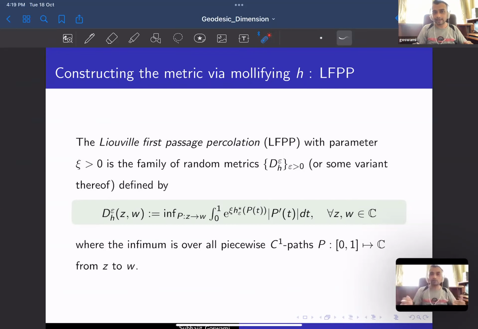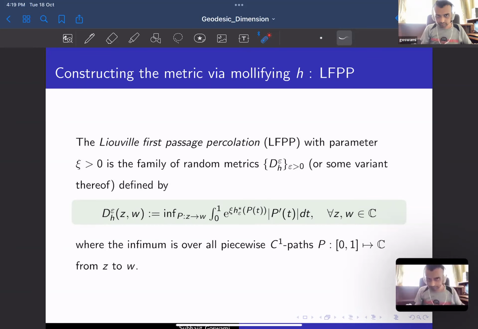But here it will not be the case. It has to be fixed, but it should be gamma divided by the Hausdorff dimension of the underlying metric space that we're going to construct. I'll come to that later. But its exact dependence on gamma is not known. But it would be this gamma over the Hausdorff dimension of the underlying metric space.